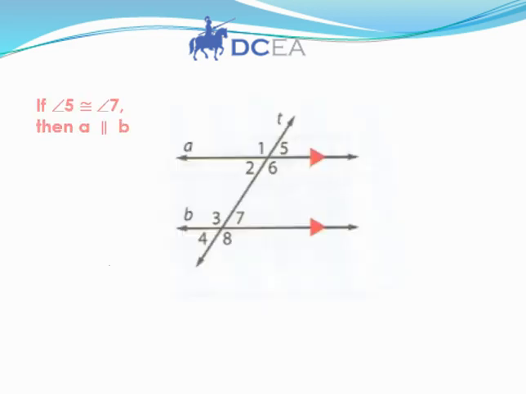So if angle 5 is congruent to angle 7, then line A and line B are parallel lines. Angle 5 and angle 7 are corresponding angles.